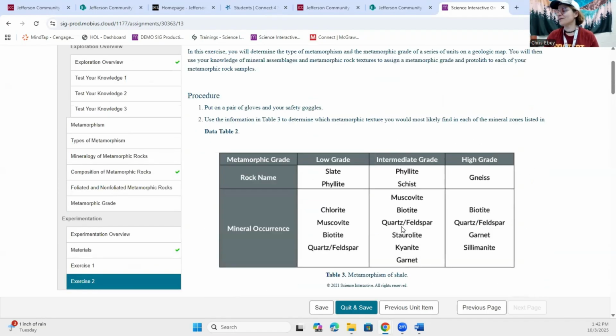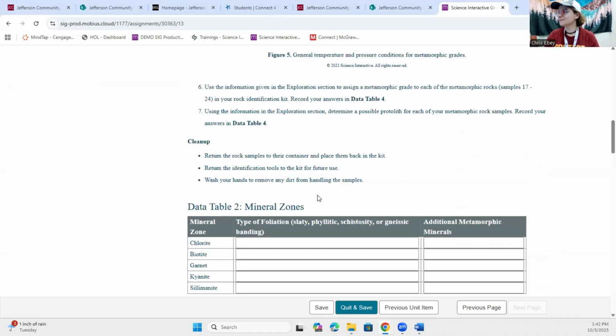What they're not connecting here is that low grade metamorphic rocks are going to be slaty or phyllitic, in other words, like phyllite, whereas high grade are going to be gneissic.